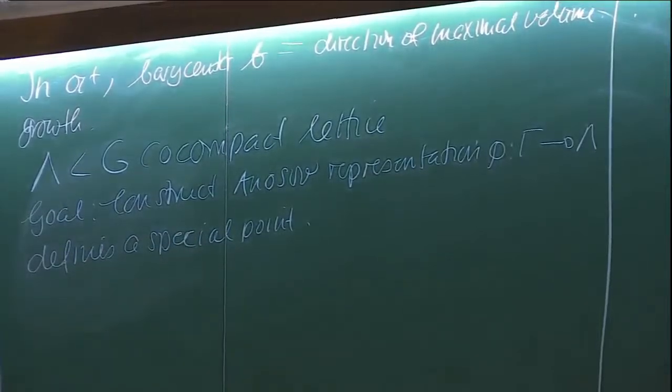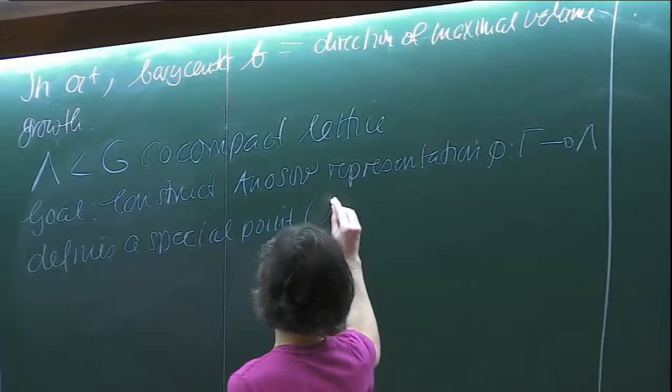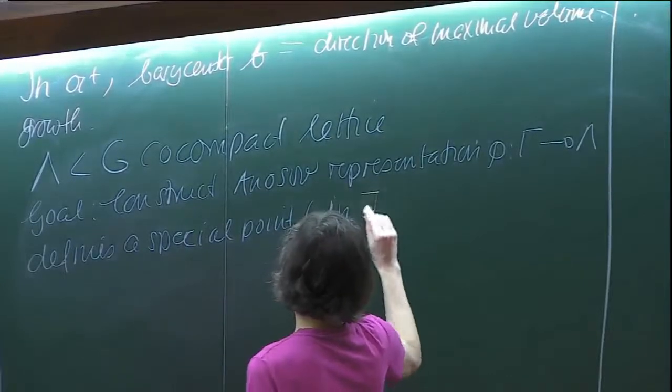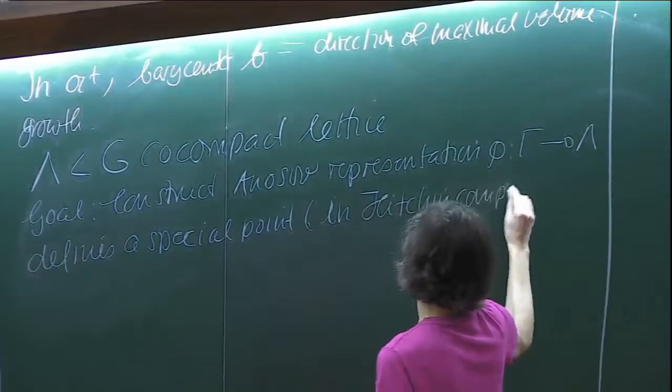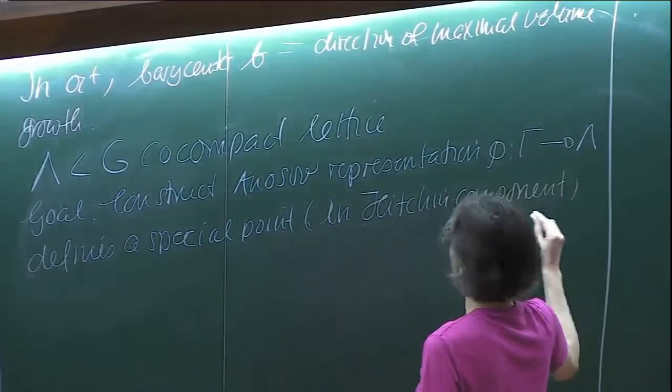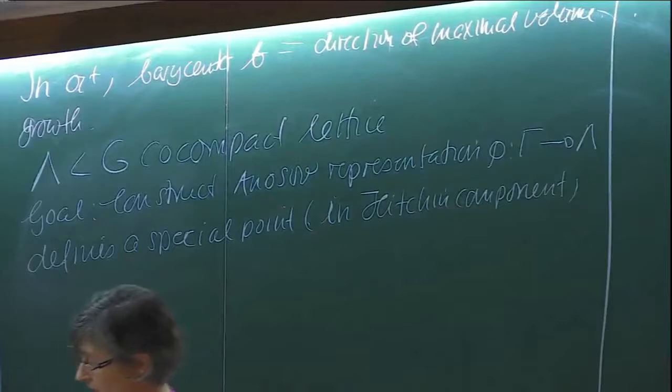Again, I have to be careful in which component I land, because Anosov representations strictly include the Hitchin representations, say if I start with PSL, but I can arrange them to be Hitchin, for example in the Hitchin component. And again, this will be a special point because the lattice is arithmetic.